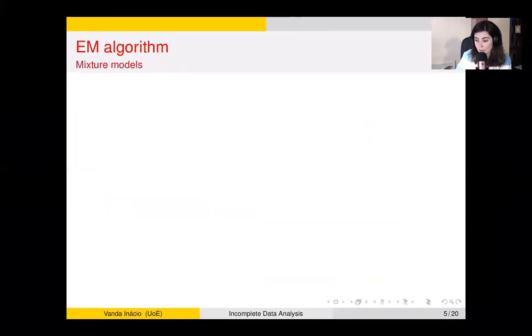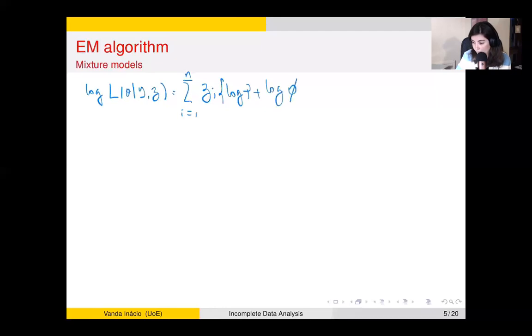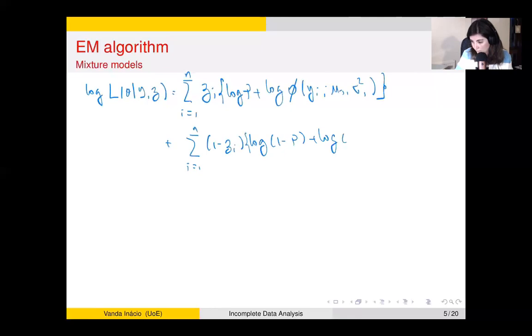Okay, so now if I write the log likelihood of the complete data, I know that this will be... And that's the log likelihood of the complete data.